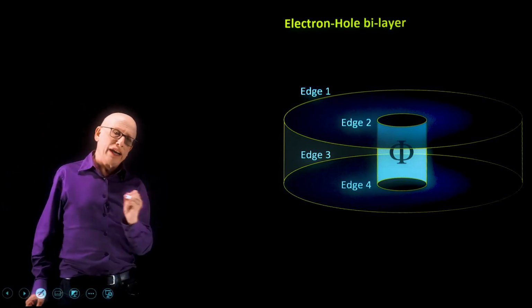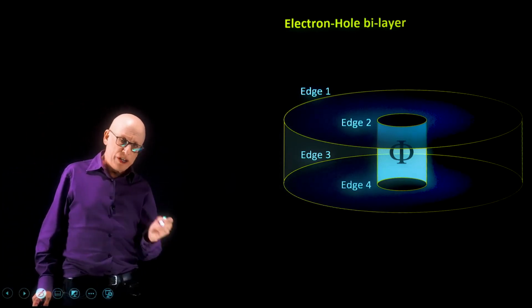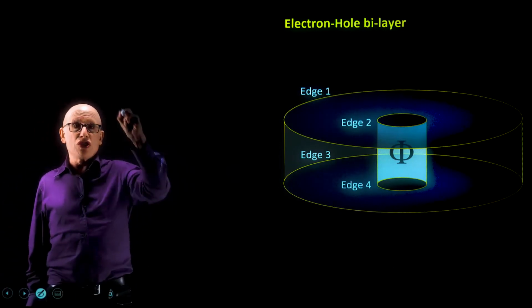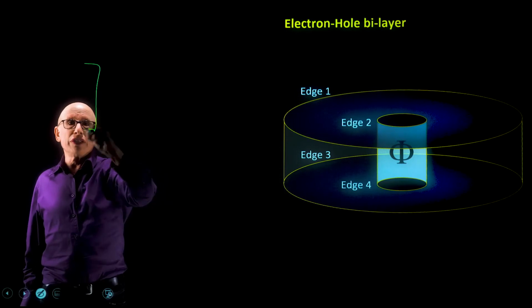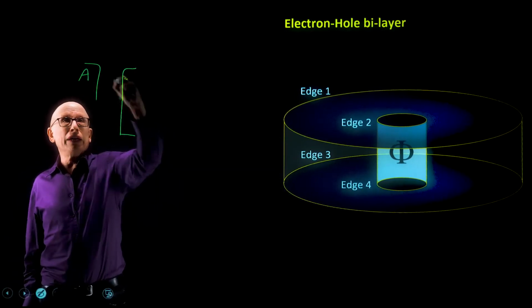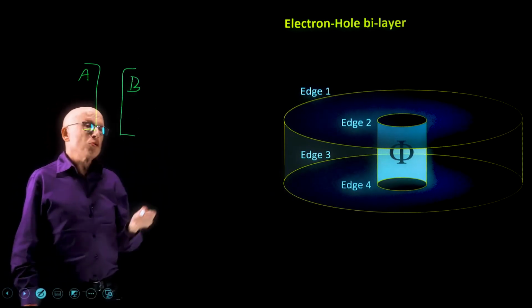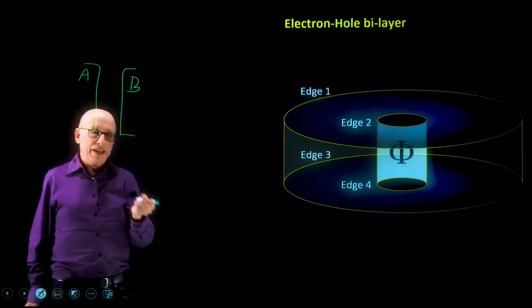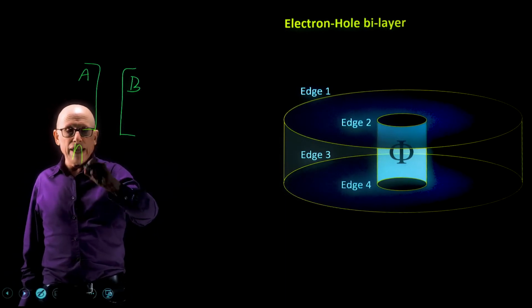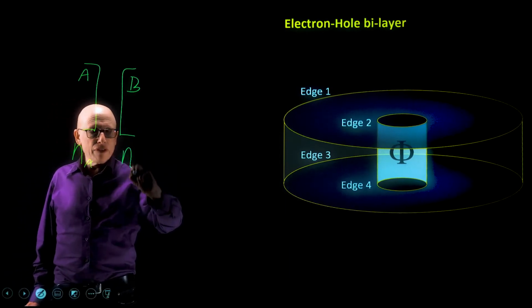Now, we can draw an analogy, or we can get some inspiration by reminding ourselves of the physics of a Josephson junction. So in a Josephson junction, we have two superconductors. Let me call them A and B. Each one of them has a certain integer number of Cooper pairs, Na and Nb.